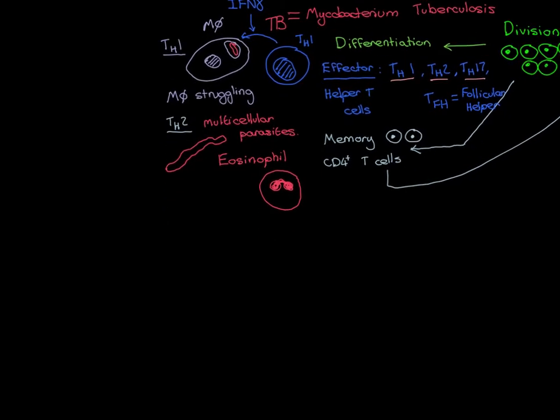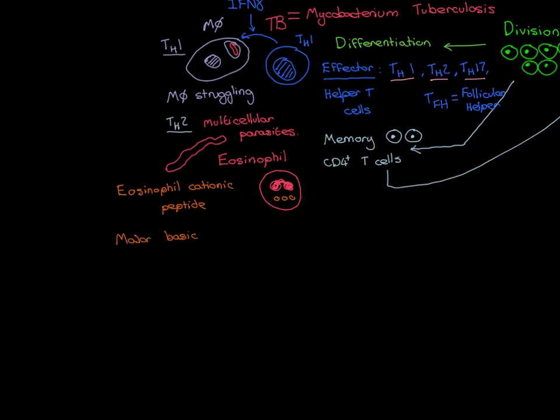So here's some orange. Eosinophils have granules in their cytoplasm, so I'll put them here. And these granules are full of absolutely foul proteins, one of which is eosinophil cationic peptide. And then another one is major basic protein. These are just cytotoxic proteins.